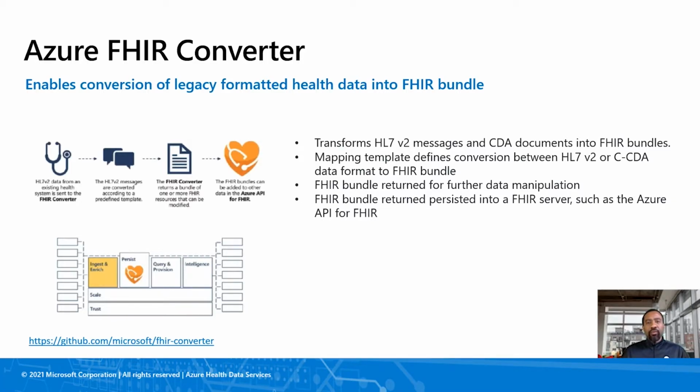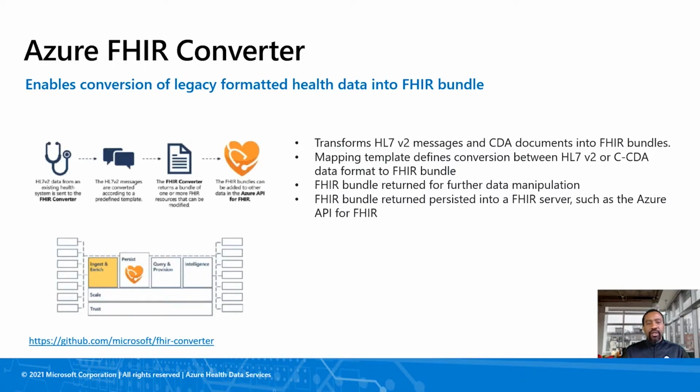I want to point out one thing is the FHIR Converter does not directly persist the converted messages. So you would call the FHIR Converter with your HL7 message and specifically the conversion operations that you want to have happen on that HL7 message. And then we will return to you a formatted FHIR message.